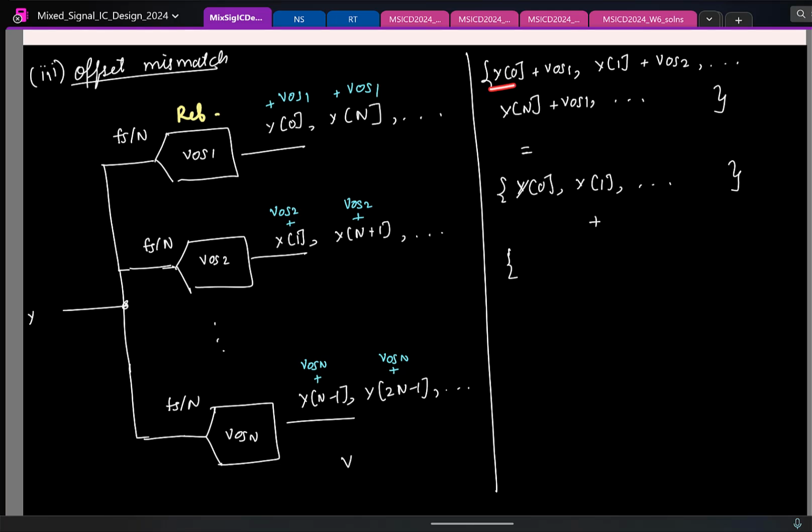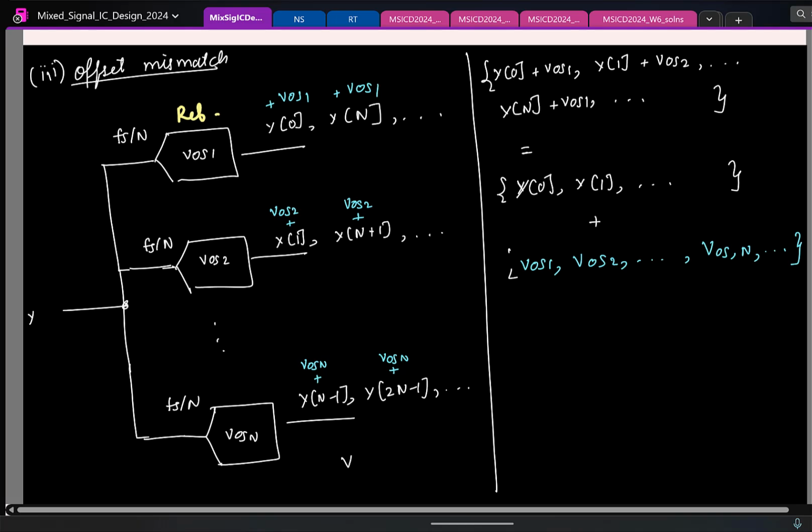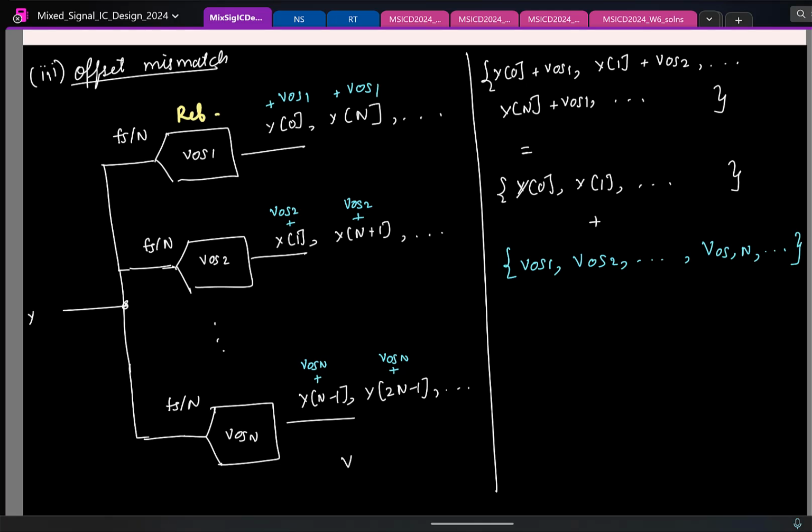The first sample is Y of 0 plus VOS1, so the ideal term has Y of 0, the error term will have VOS1. What will be the second term? Second channel's offset will come, and then the Nth channel offset will come, and then it will keep repeating. Fine. So this is the error sequence.